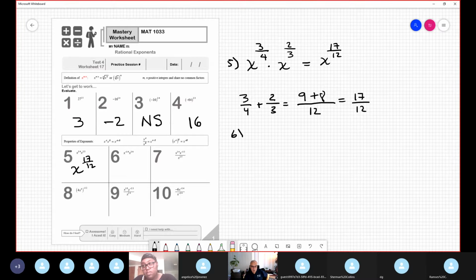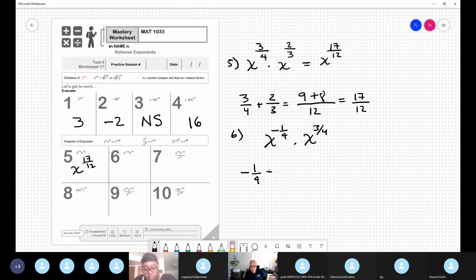Number 6 is again similar, but in number 6 we have a negative exponent. Three-quarter. Either you convert the negative exponent to positive, or multiplication. That's it. It's negative 1 over 4 plus 3 over 4.